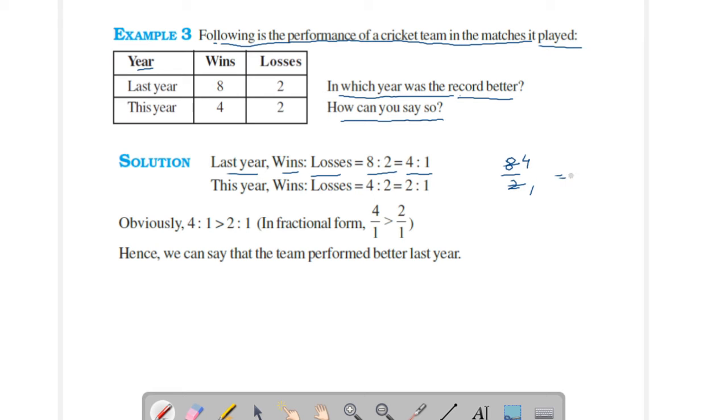It means it is 4 upon 1, and this can be written as 4:1.